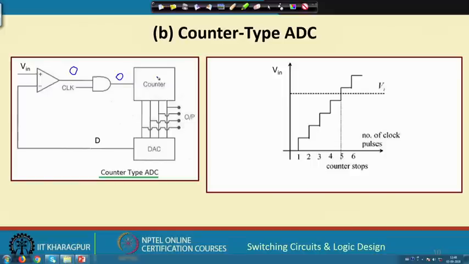And the counter will stop counting. So, schematically you can show it like this: the output of the DA converter will increase step by step.